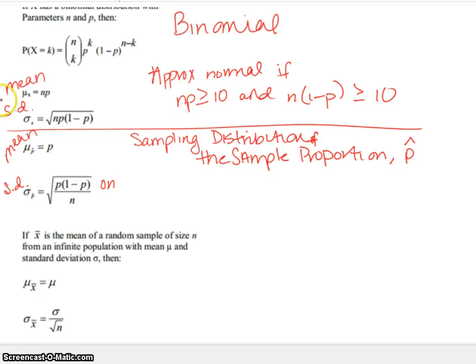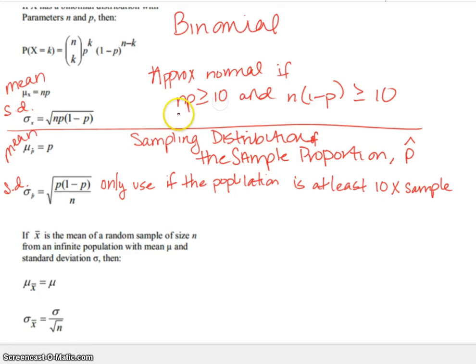So add that we can only use it if the population is at least 10 times the sample size, which we use n. Okay, so we can only use that formula if the population is at least 10 times the sample size.